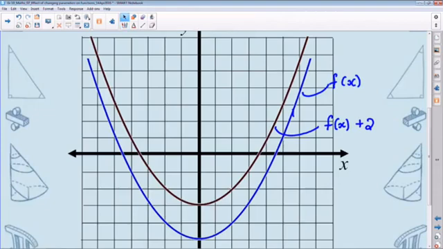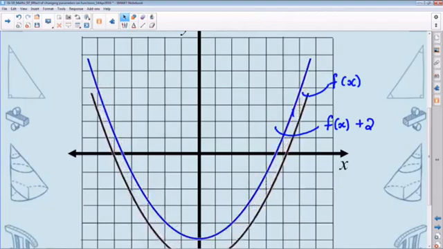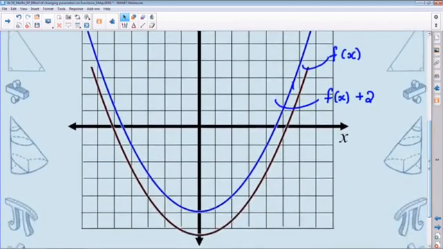Now, if I were to take it down, what's going to happen is I'm going to subtract, this is 1 point something, so it's going to be f of x minus maybe 1.5, something like that, okay, right?